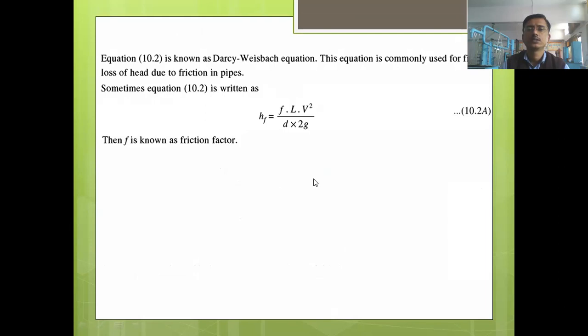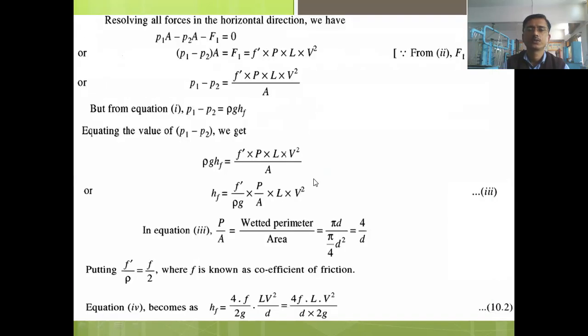Now let us see the equation for Chezy's formula. The equation for Chezy's formula also depends upon the derivation of the previous Darcy-Weisbach equation. hf is equal to f dash upon rho g into P upon A into L into V square.